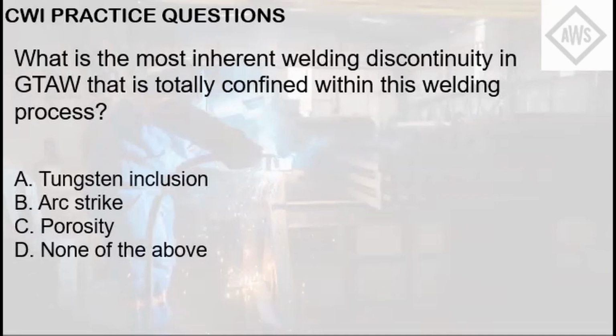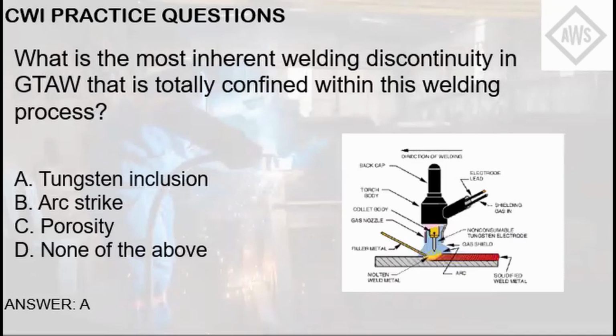Even if you're not that familiar with the discontinuities or defects that typically come with this process, you will know from the name itself, GTAW, or gas tungsten arc welding, because the electrode consists of tungsten, that tungsten inclusion is exclusive to that process, because no other welding processes have tungsten in them.